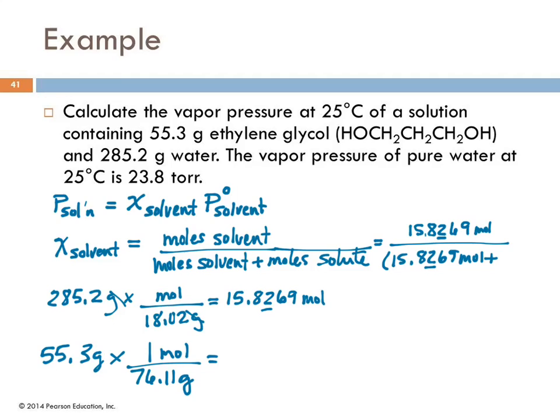We have 55.3 divided by 76.11, 0.72658. That has 3 sig figs because of this number over here. 0.72658 moles.